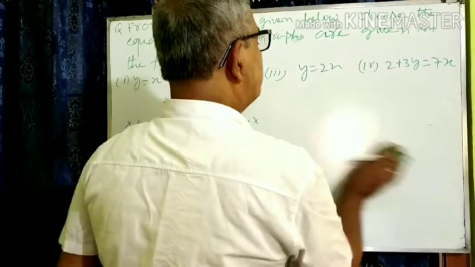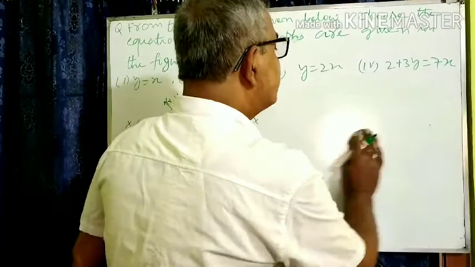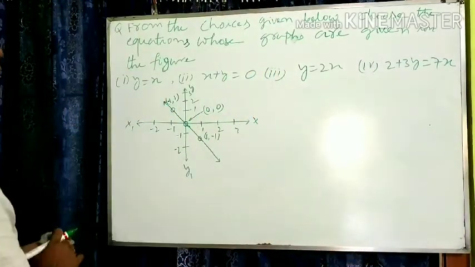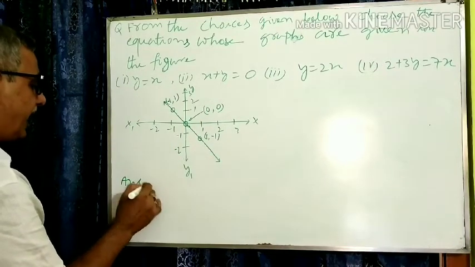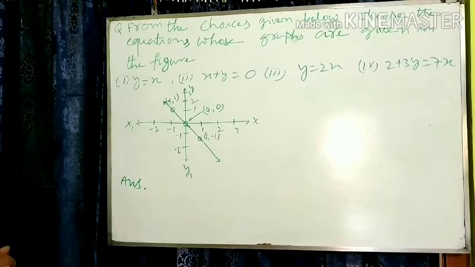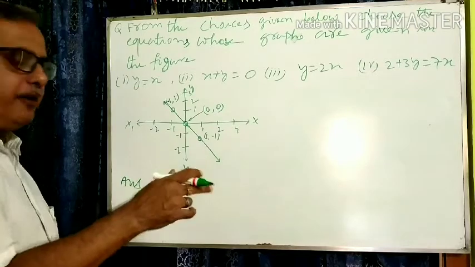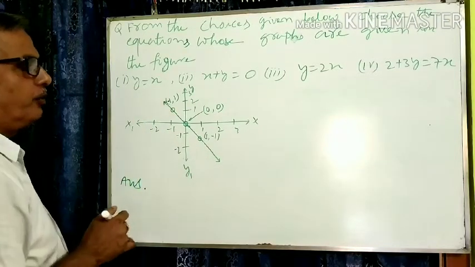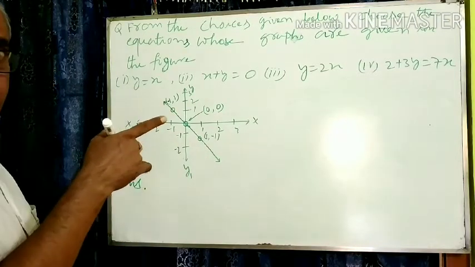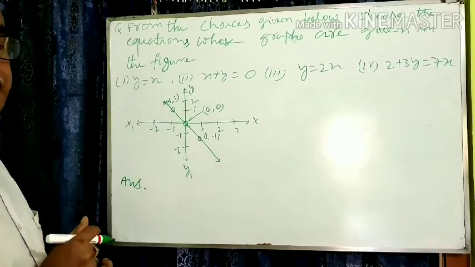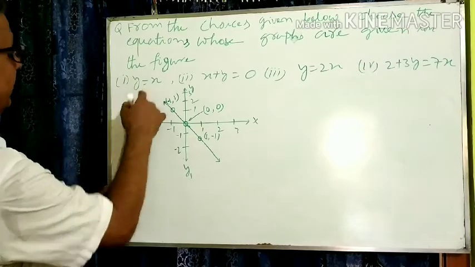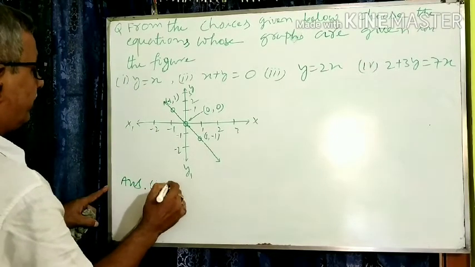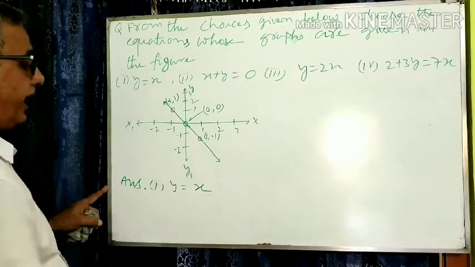Now, my dear students, your answer starts from here. This is the question. So, whatever I have taught, you are not going to write that in the examination. If such a type of question is given, now I start. For knowledge I have taught everything, whatever I have discussed. Here you see. First of all, which equation will you take? You are taking the equation y is equal to x.